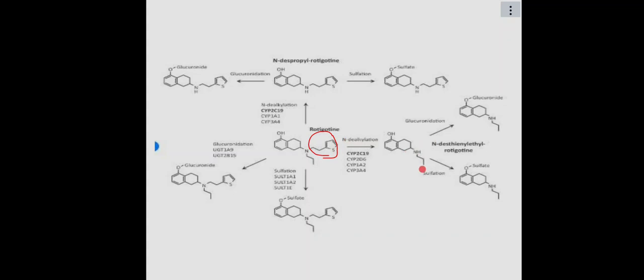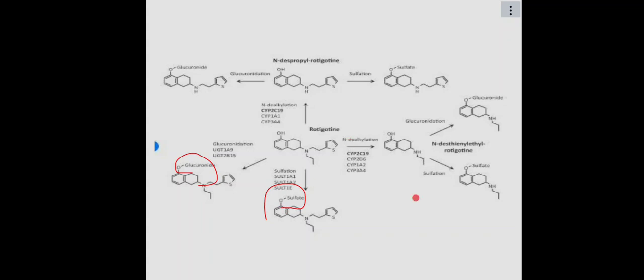So you can have that, and that again can undergo sulfate conjugation. It can also undergo glucuronic conjugation because it already has a hydroxyl group. Then, of course, we have said that the whole drug as it is, without having undergone any other metabolism, can still undergo glucuronic conjugation and sulfate conjugation.